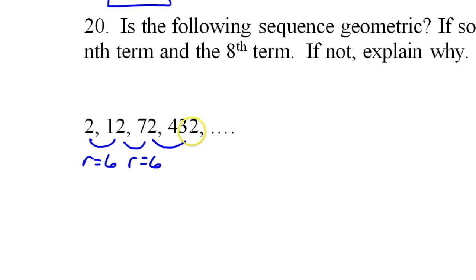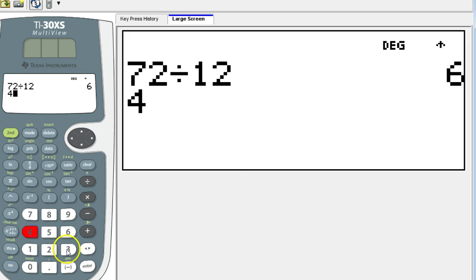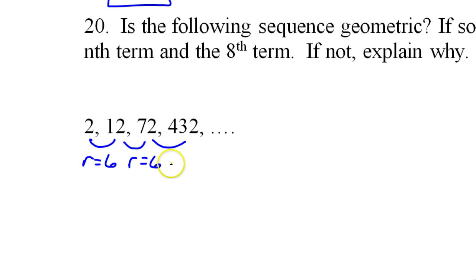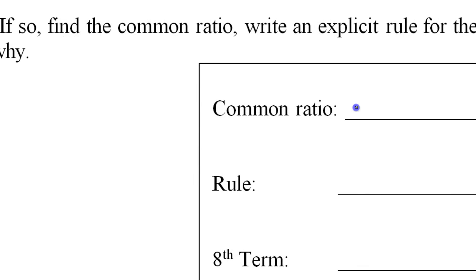If I do 432 divided by 72. Oh look, 6 again. So because we're getting 6 every time for all the data that we have, that's why this is geometric. If one of these had been different, then we would have said no, it's not geometric. And also we just found the common ratio, which is 6.